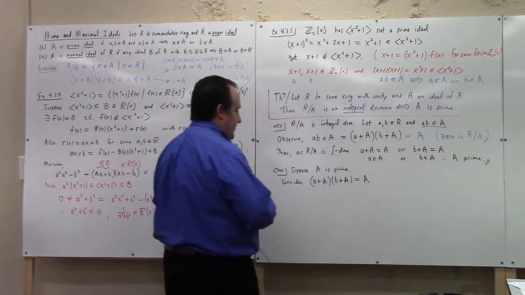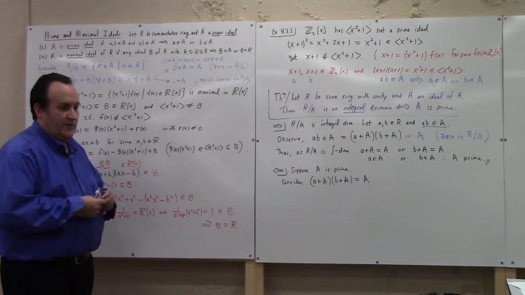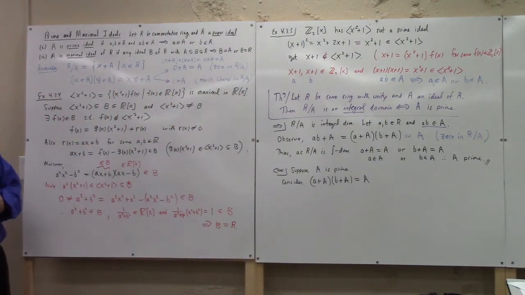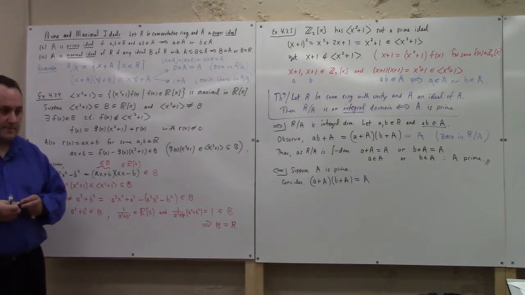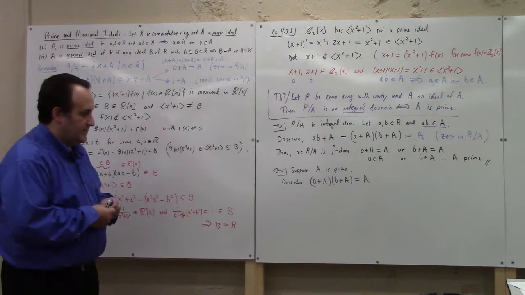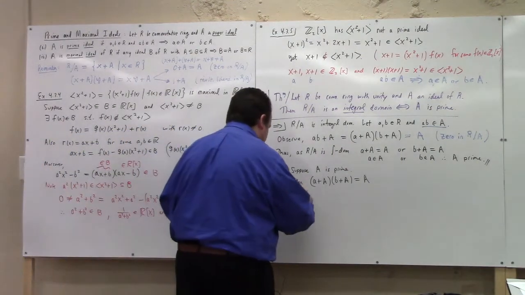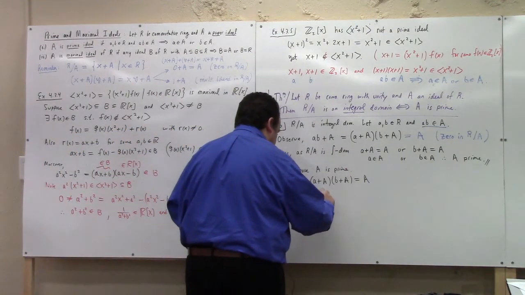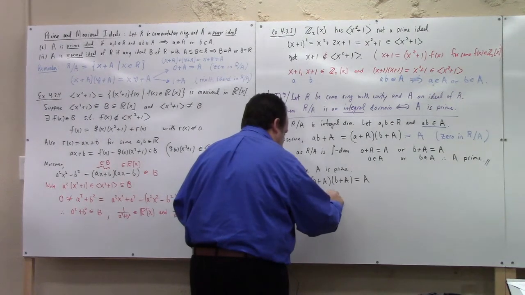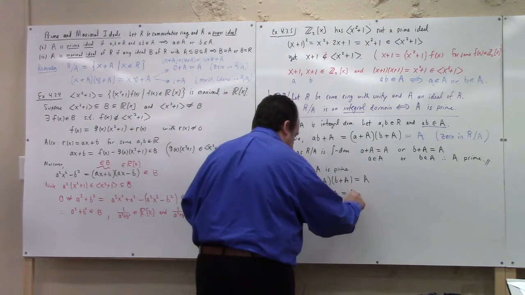In other words, suppose you've got a product of things equal to 0 in the factor ring. What do we need to show? We need to show that one or the other of those is 0. This, of course, implies, I mean, this is almost a biconditional proof, frankly, guys. ab + A is equal to A.